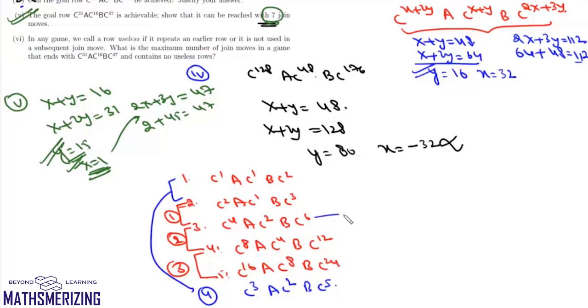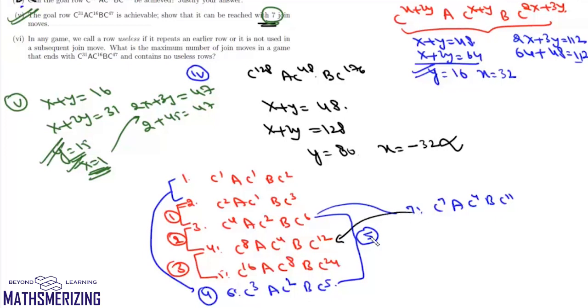Now we'll join this 3 and 6. That's our fifth join, and it'll be C7 A, C to the power 4 B, C to the power 11.